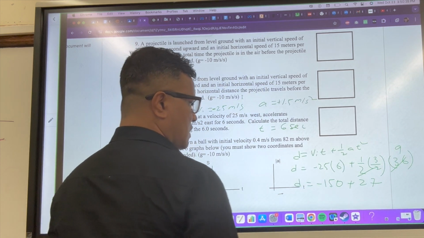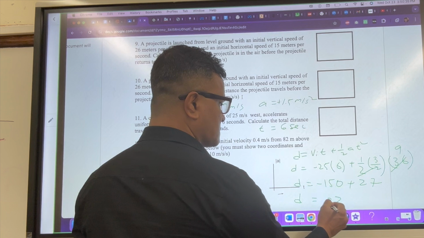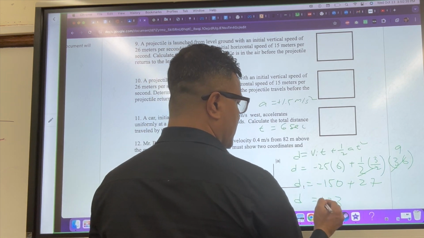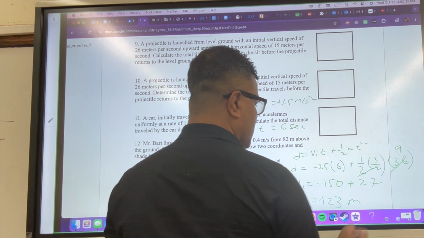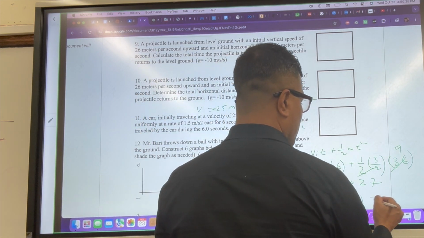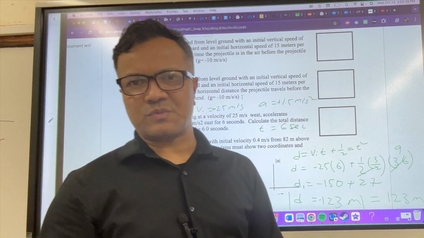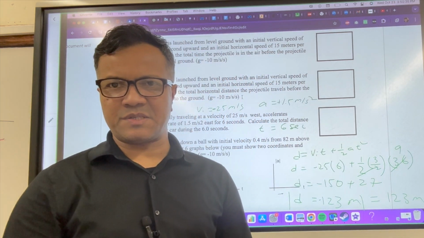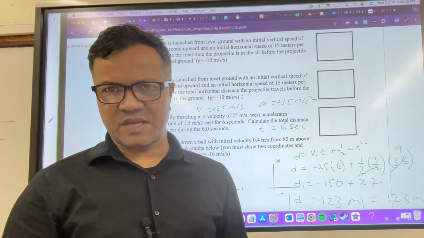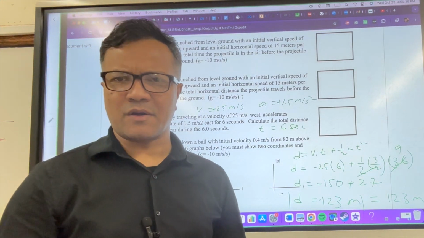All right, so d is equal to negative 123 meters. Since it is a distance, you take the absolute value, so 123 meters. Again, if some of you wrote negative 123 meters, you did not lose any points for that. Problem number 12, we already did in the beginning of the tutorial.